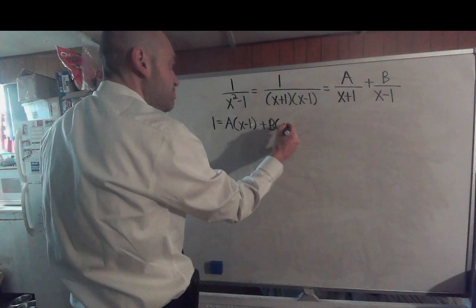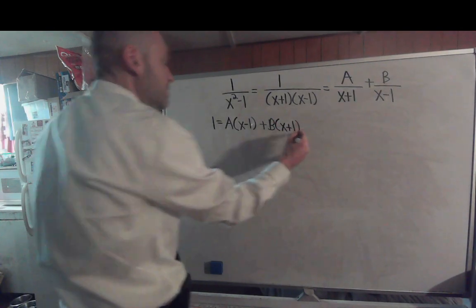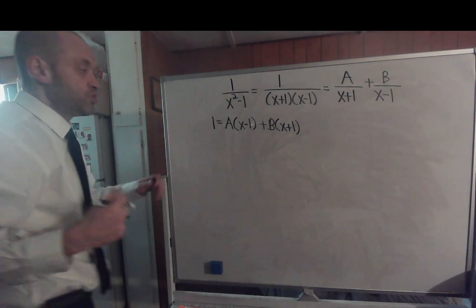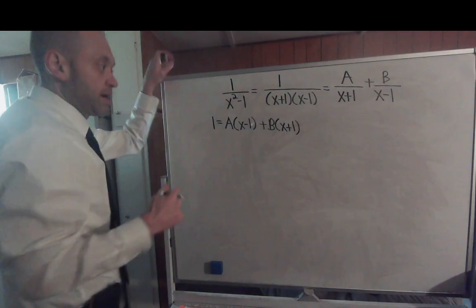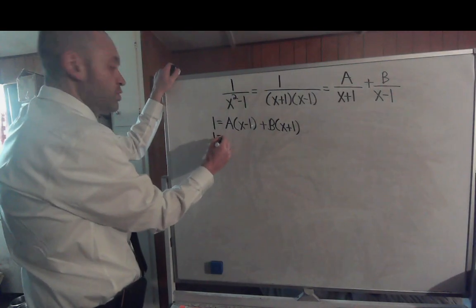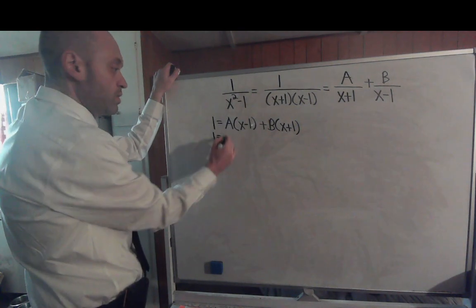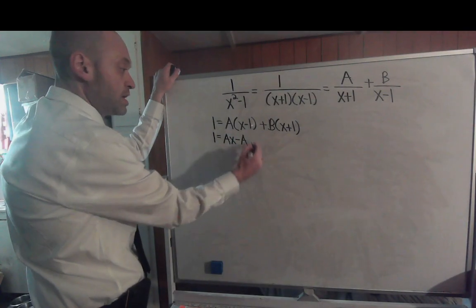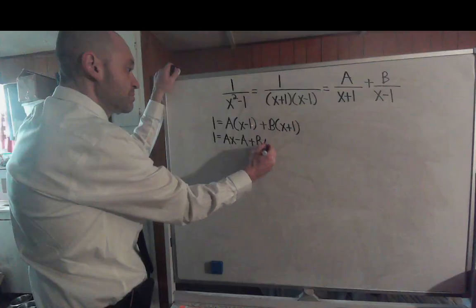You would end up getting b times x plus 1. And then you're going to use the distributive property and expand the right-hand side. So you'll get 1 equals ax minus a plus bx plus b.